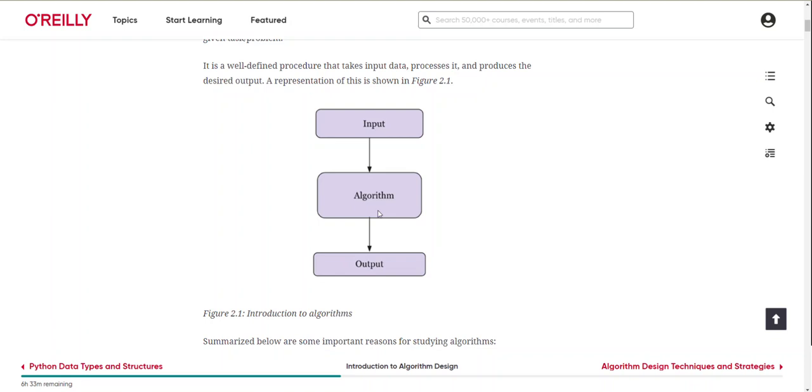For what we're going to talk about, we're going to look at things from both perspectives. It's like a recipe. It's a calculation. We're looking at all of it. So our program takes input, it processes everything it has to work with, does whatever it's got to do, whether it's a recipe or a calculation.